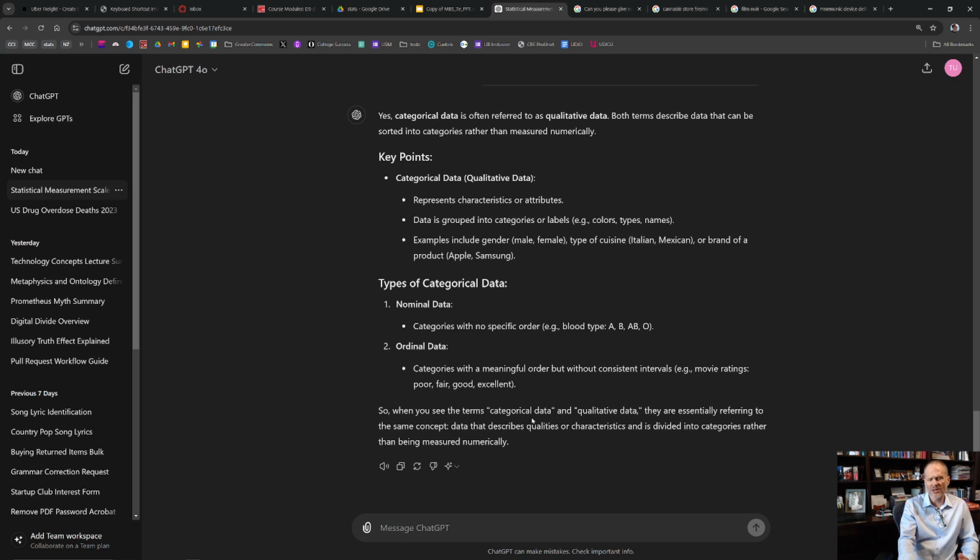So when you see the terms categorical data or qualitative data, they're essentially referring to the same concept, data that describes qualities or characteristics, qualitative, quality, right? And is divided into categories rather than being measured numerically. Please also explain qualitative and quantitative data.